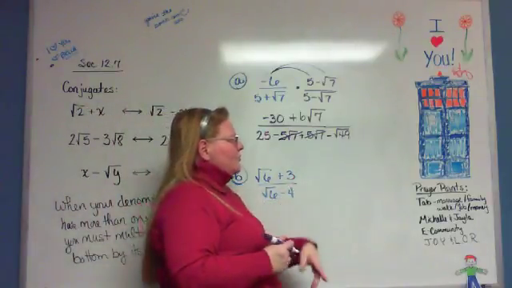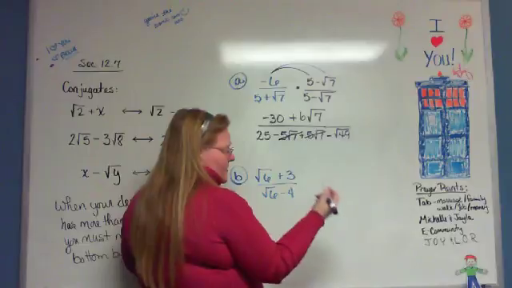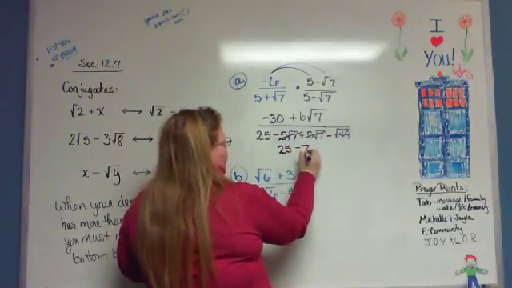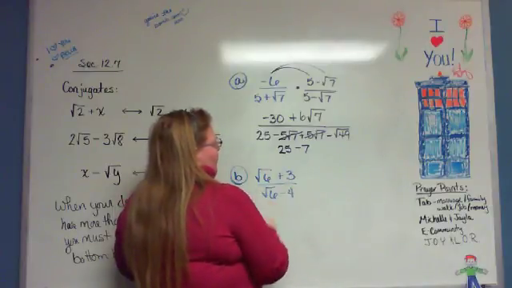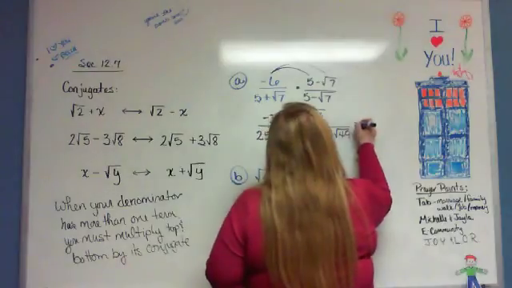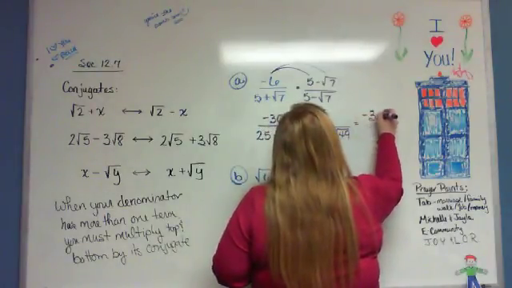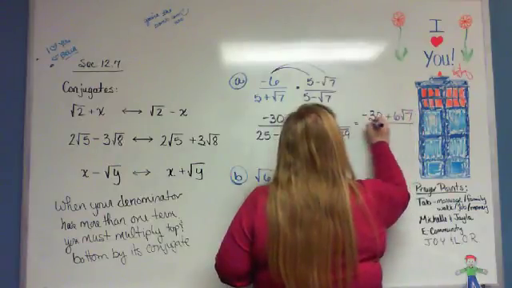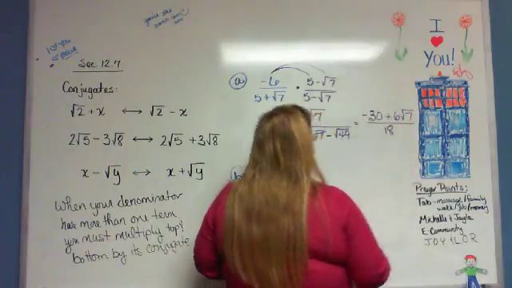We know that the square root of 49 is really 7, so that gives me 25 minus 7 on the bottom, and 25 minus 7 is 18. So I get negative 30 plus 6 square roots of 7 over 18.